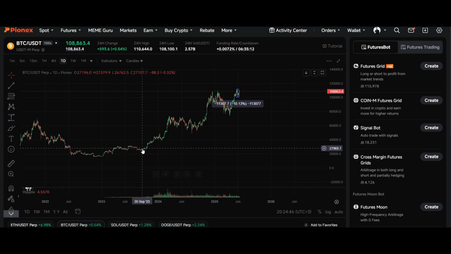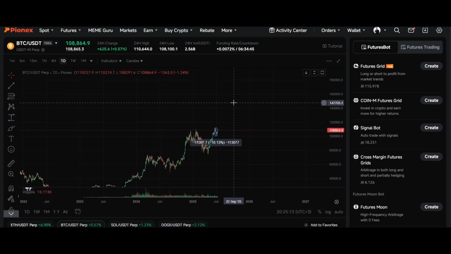this bull run structure. So we have a nice trend toward the upside, we have a correction, we have pump towards the upside, we have correction, consolidation, then we have pump towards the upside, we have correction, we have pump towards the upside, in which nearly will continue around 50-60% from the previous resistance, and then we'll have a correction, and I think we'll have another loss of the top and a correction.